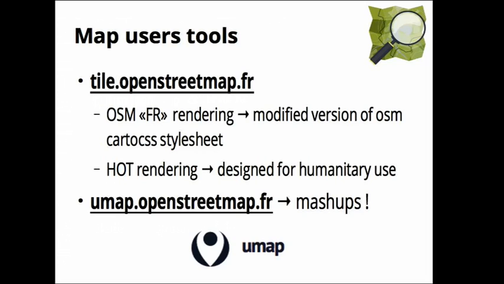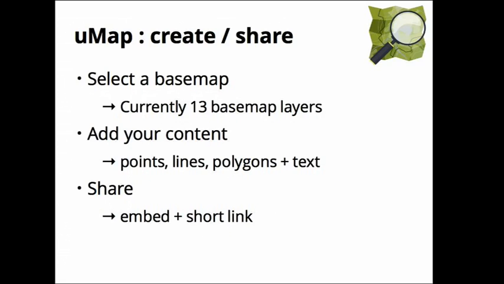And another tool for map users is uMap. So who has never heard of uMap? I'm not sleeping. Okay. uMap is a tool to create your own personalized map. You can add your own data on top of an OSM base map.